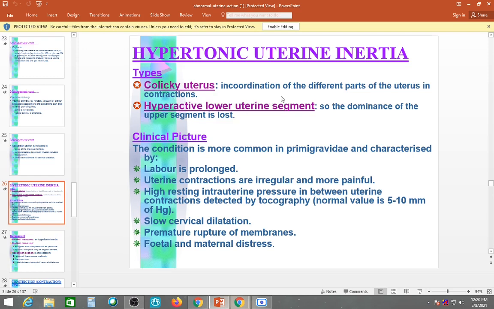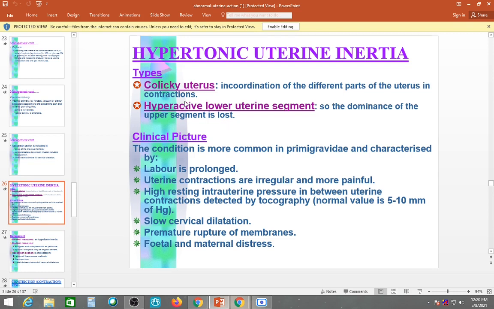It is incoordination of the different parts of the uterus in contraction. Actually, in true labor pain, it starts from the two pacemakers near the cornua of the uterus, and coordinated, the upper segment contracts and the lower segment relaxes.